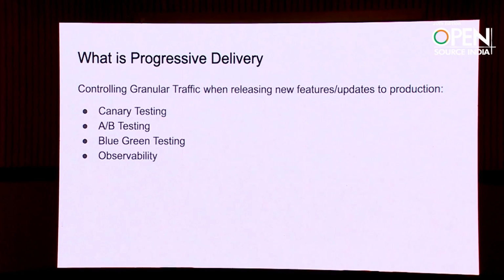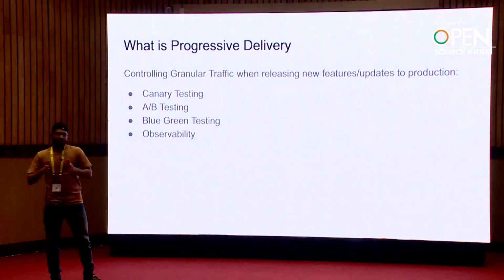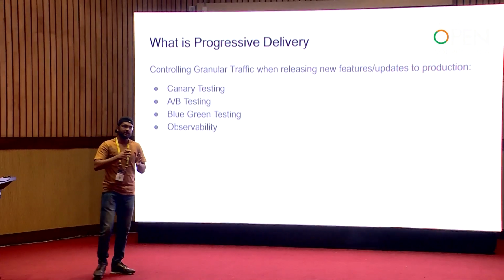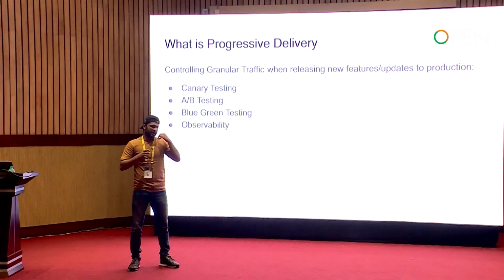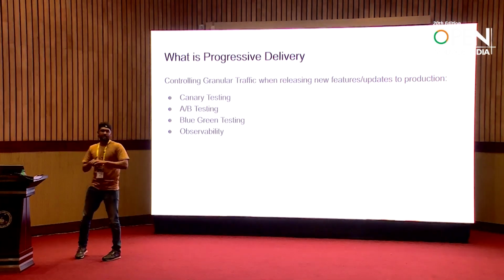Cool. So let's talk about what is progressive delivery. Traditionally, enterprises have deployed software onto compute platforms, primarily infrastructure as a service, which are your Linux servers or Windows servers.